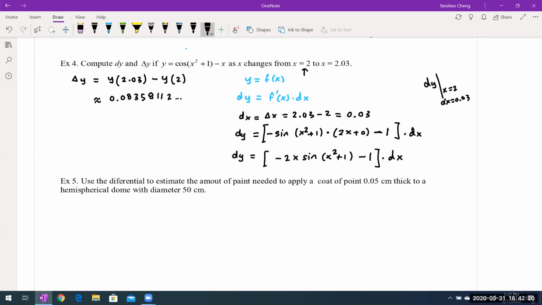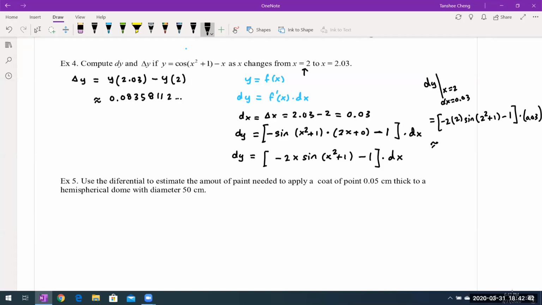So when I put it into the formula, that will become negative 2 times 2, and then sine of (2 squared plus 1 minus 2), and then times 0.03.